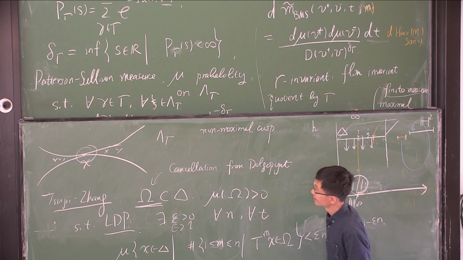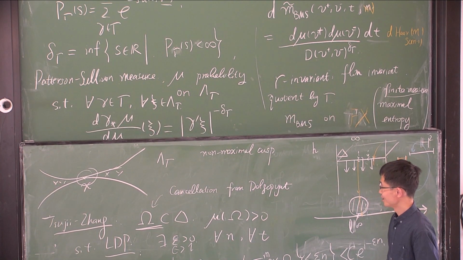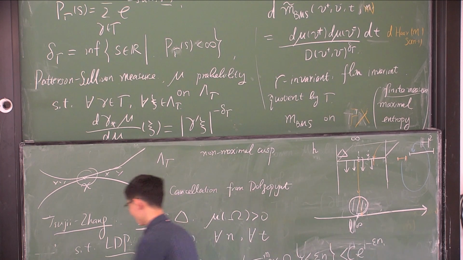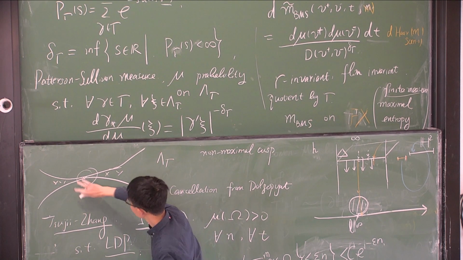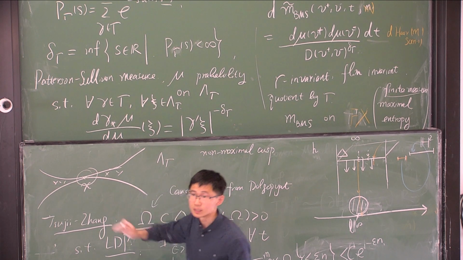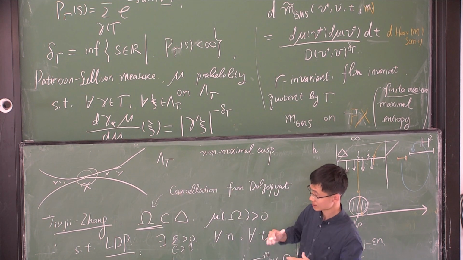Briefly speaking, what we need is to find some good set Omega, for which you have some control of scale and control of geometry. You need to rule out this kind of point, but you still get some large set.